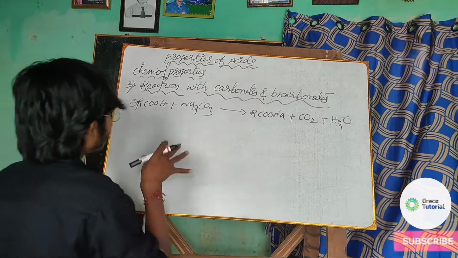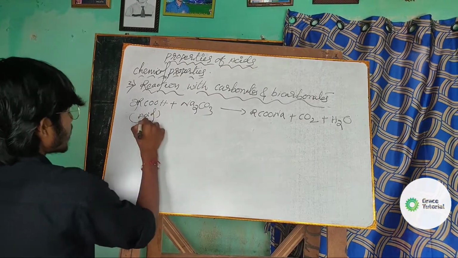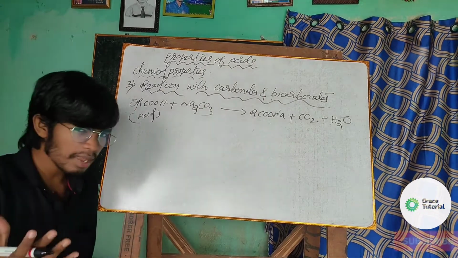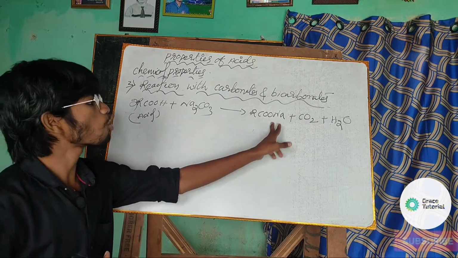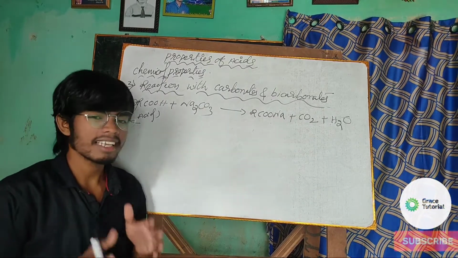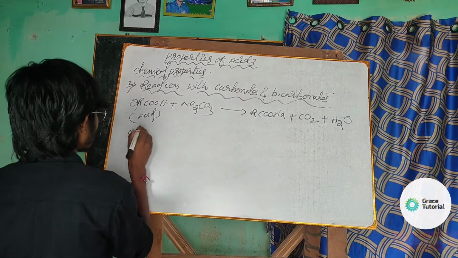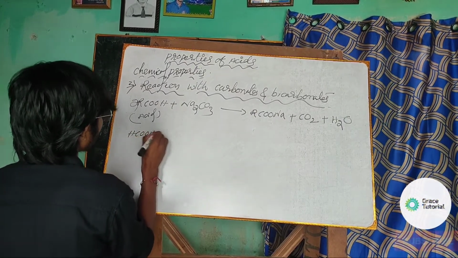So this is the acid, and the acid on treatment with sodium carbonate, Na2CO3. So what is the name of this compound? Sodium carbonate. On reaction with sodium carbonate, it gives the sodium salt of the acid, carbon dioxide gas along with the water molecule. If I take the specific example, first of all let us take HCOOH, formic acid.